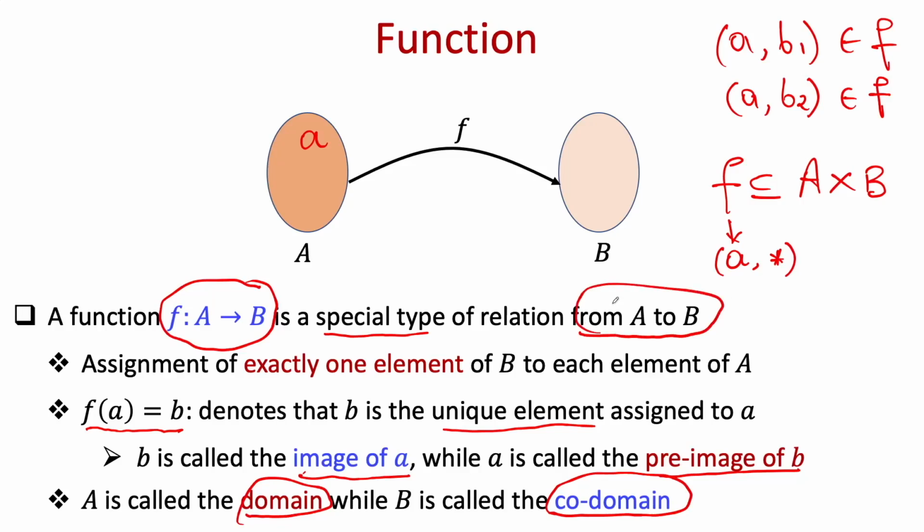If I say my function is from the set B to the set A, then it should be interpreted as a special type of relation from the set B to the set A, where the ordered pairs will have the first component from the set B and the second component from the set A. Then the domain will be the set B and the codomain will be the set A, and so on.